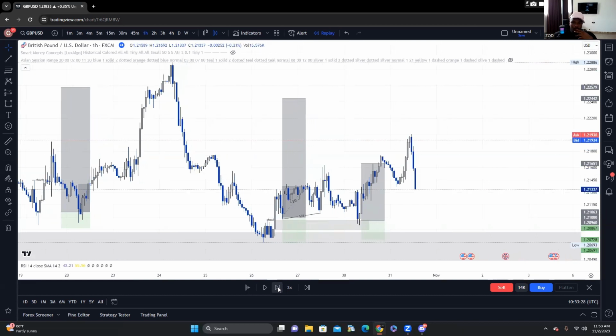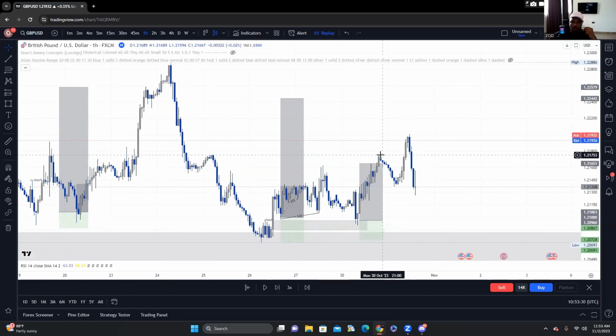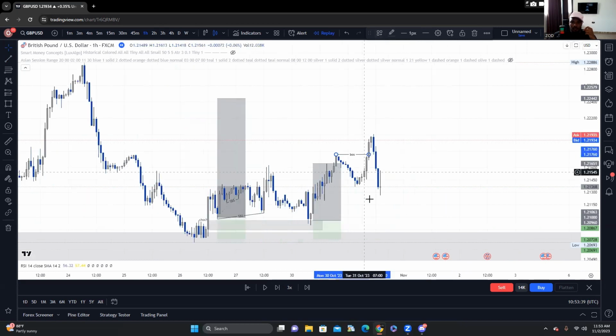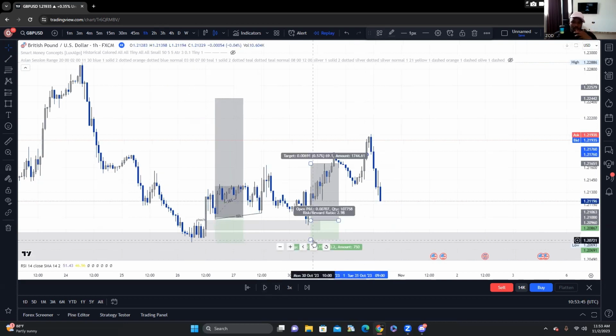Yep. So what happened again? We have a further break of structure to the upside. So this low now was raided here with a change of character. So that's an indication that price is going down.